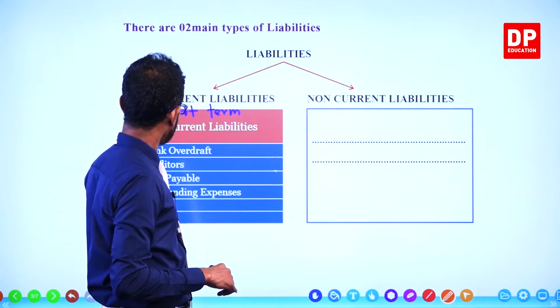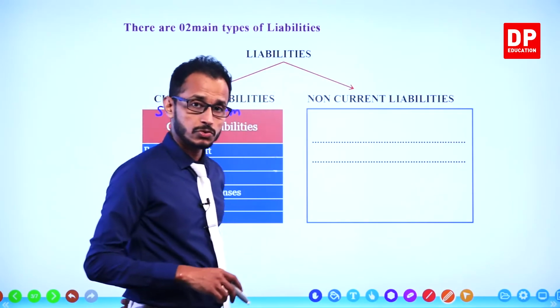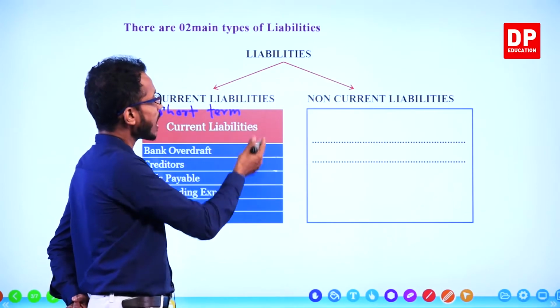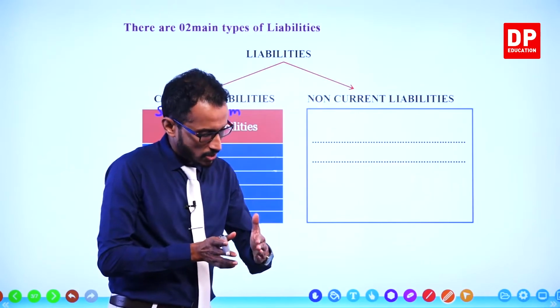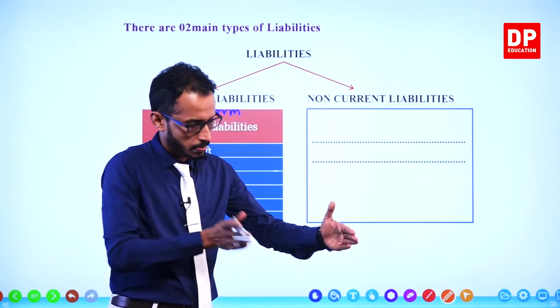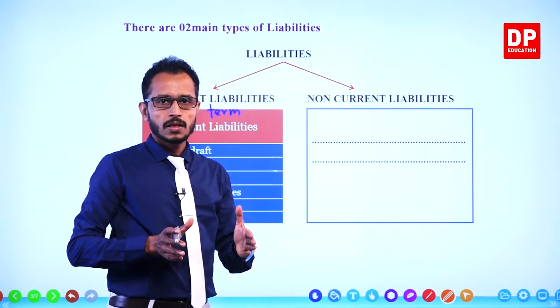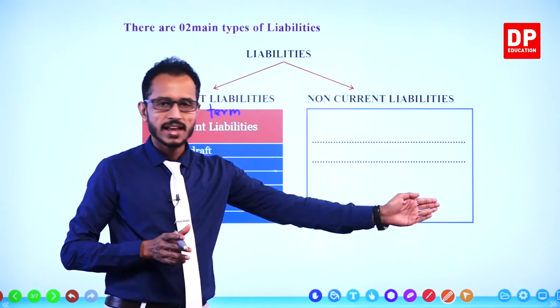Shall I write less than 12 months here, so it's easy for you to remember? Short term means, children, these liabilities exist in the business for a very short period of time, less than 1 year, not more than 1 year.